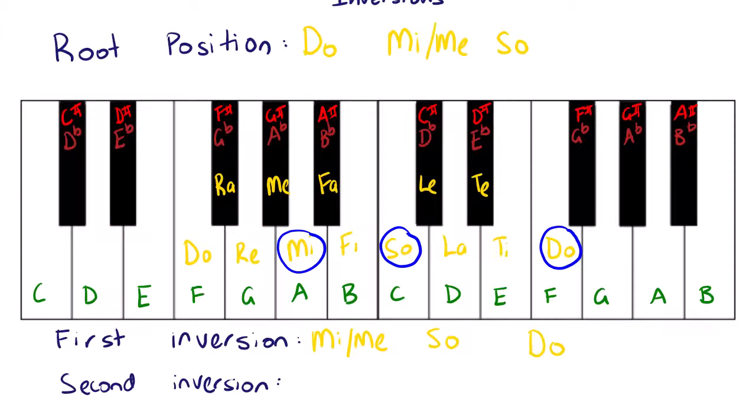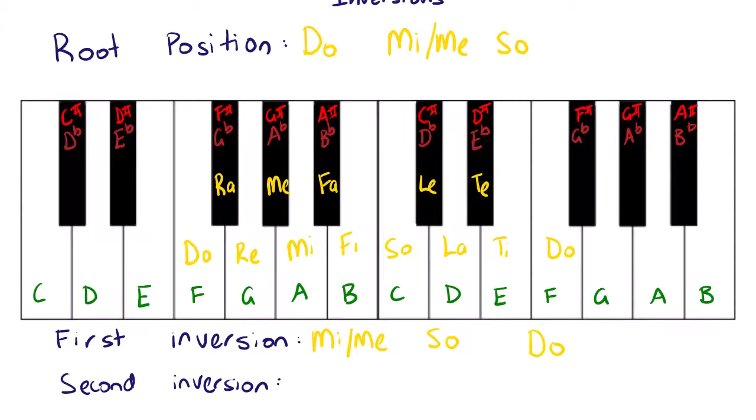The same chord but F minor would have may on the bottom. May, so, do. Here's what that sounds like. It's F minor first inversion. F is do, it's a minor chord, and may is the lowest sounding note.